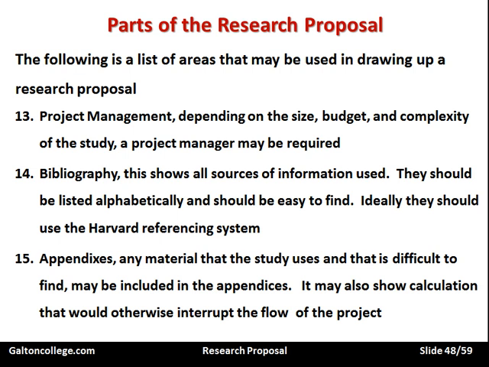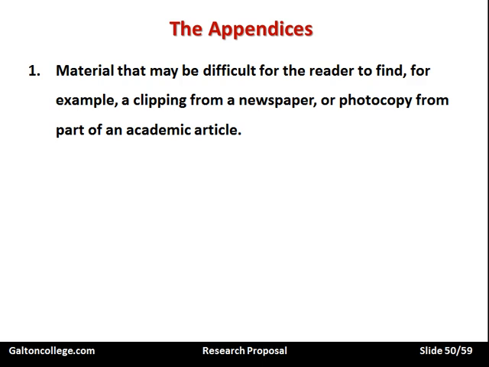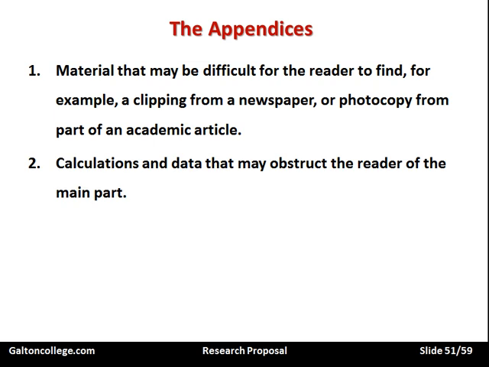Now, a word about the appendices. Materials that may be difficult for the reader to find, for example, clippings from a newspaper or a photocopy of some part of an academic article. These will be difficult for the reader to find. So make it easy for the reader, perhaps include those in the appendices.